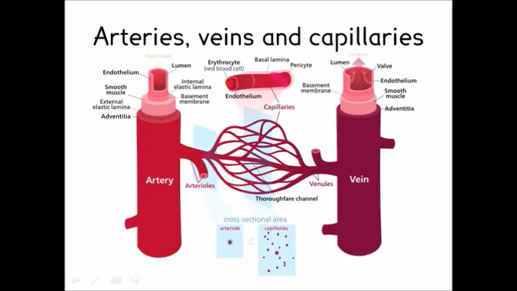So you can see that capillaries are the smallest of all. You can also see, if you look at the artery on the left and compare it to the vein on the right, that the lumen, that's the space that the blood flows through, is much bigger in the vein than it is in the artery. We'll see the reasons for that in the next session.